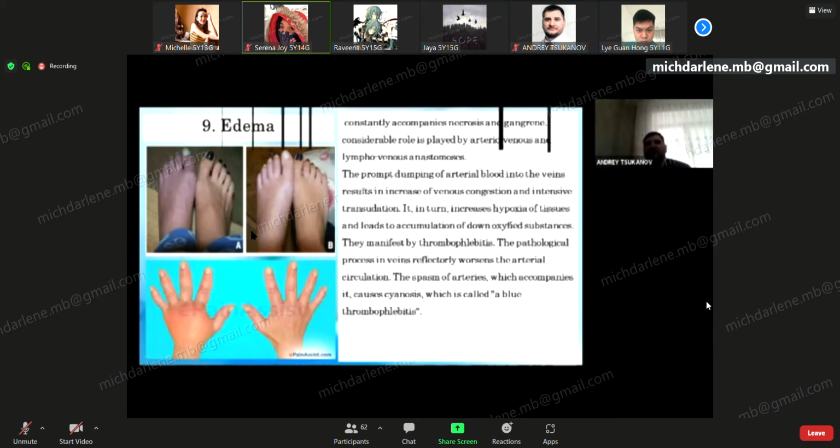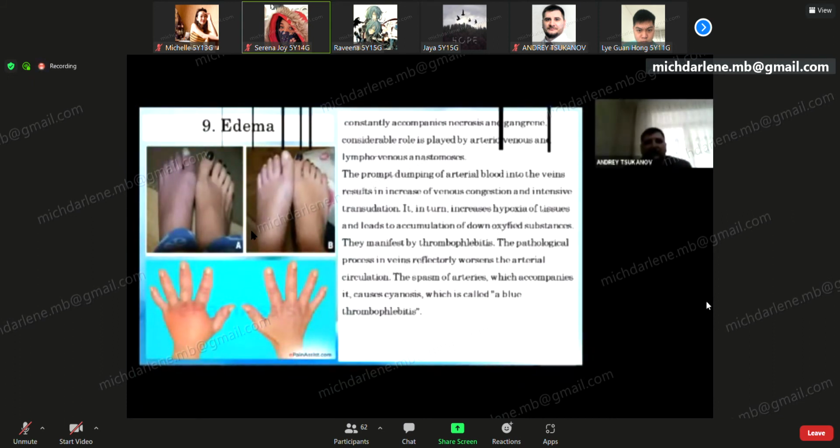A considerable role is played by the arteriovenous and lymphovenous anastomosis, where prompt dumping of arterial blood into veins results in increase of venous congestion and intensive transudation. This in turn increases the hypoxia of tissues and leads to the accumulation of under-oxidized substances.